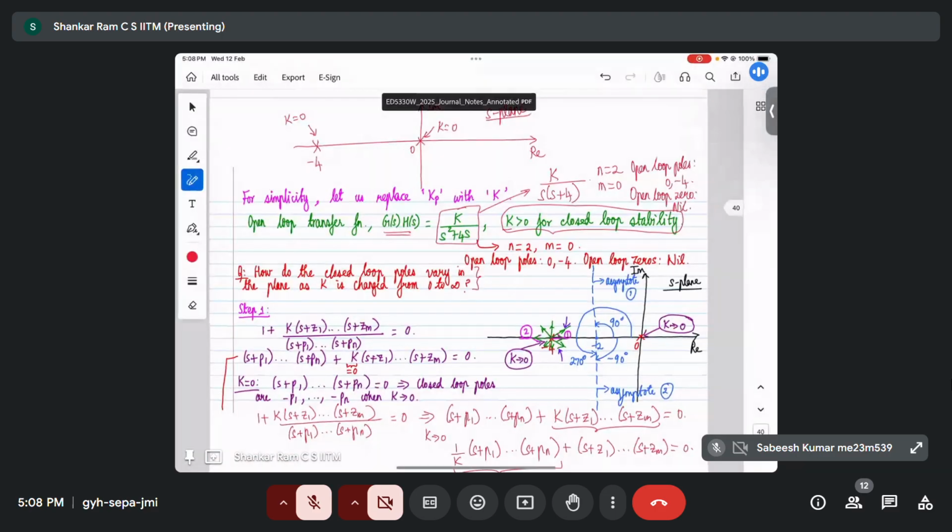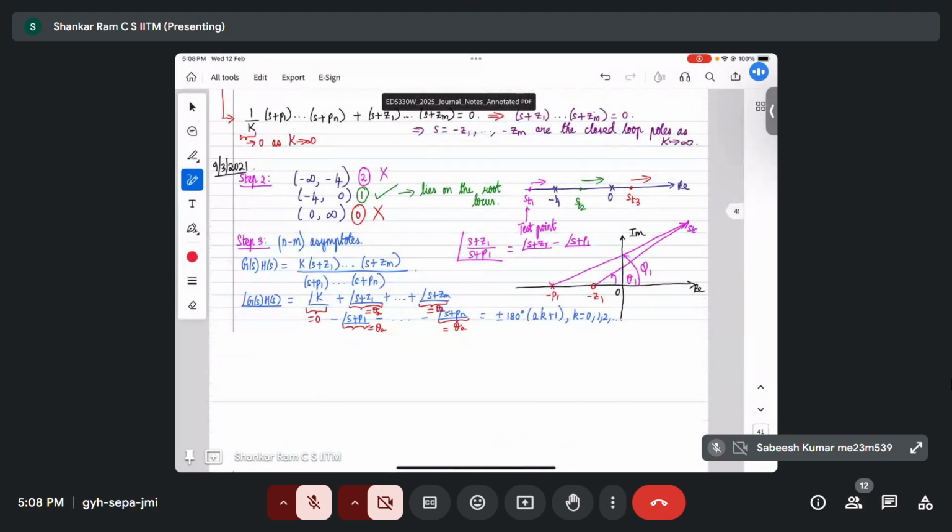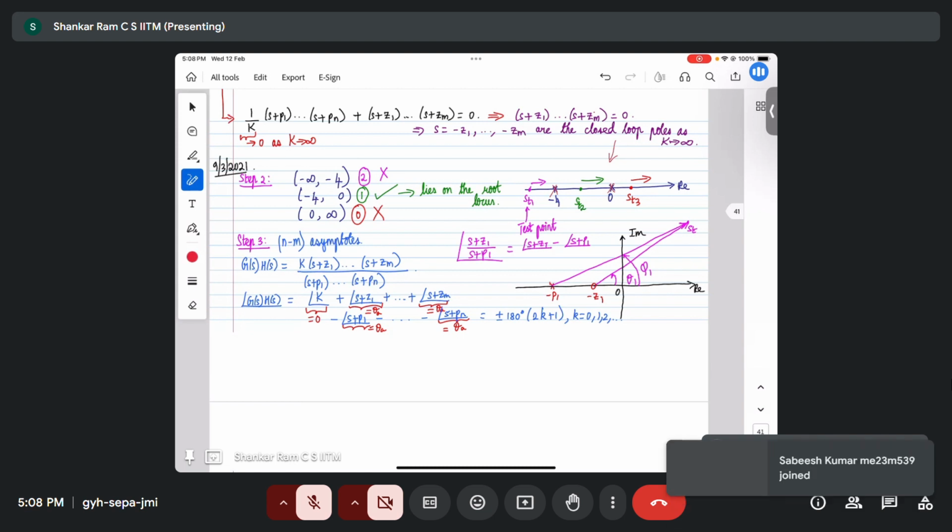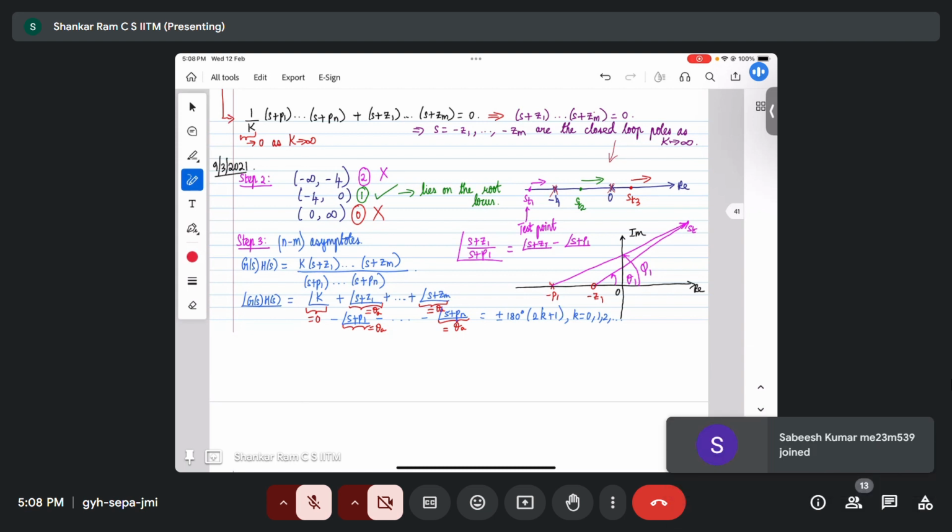Let's go here. Once again, I'm going to explain things using the example that we are studying. In our example, if you look at the real axis, we have one pole at the origin and one pole at -4. There are no open loop zeros on the real axis. So we can immediately observe that the entire real axis is split into 3 regions.